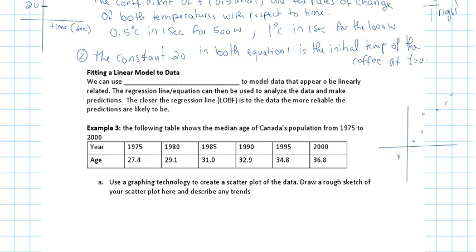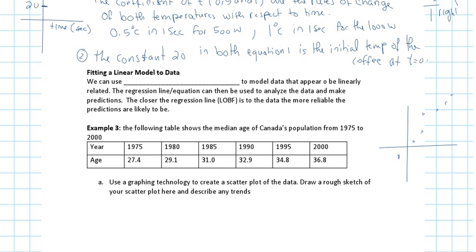We're going to have to figure out what the equation is. Okay? We can do this by hand and spend time, but these days we have all these technologies that we can use to figure out the equation by just plotting the points. Okay? So if we're using the technology, we do a regression line. Okay?